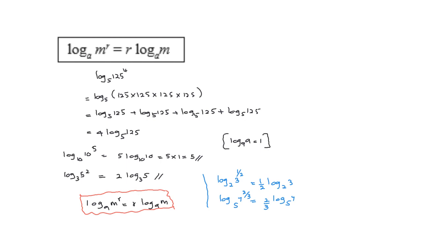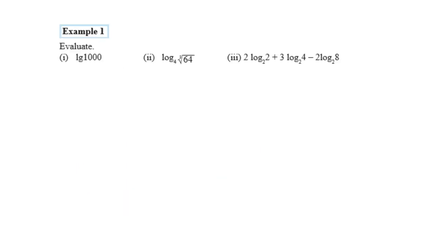Next we will see how to apply these laws which you have learned so far. Example 1. Evaluate lg 1000. Look at this example. Here you have lg. lg means log with base 10. Otherwise, you have to write the base. If you write log, you have to write the base here. Here base is 4. Here base is 2. So then you can identify that if you have lg, that is base 10. Okay, let's start now.